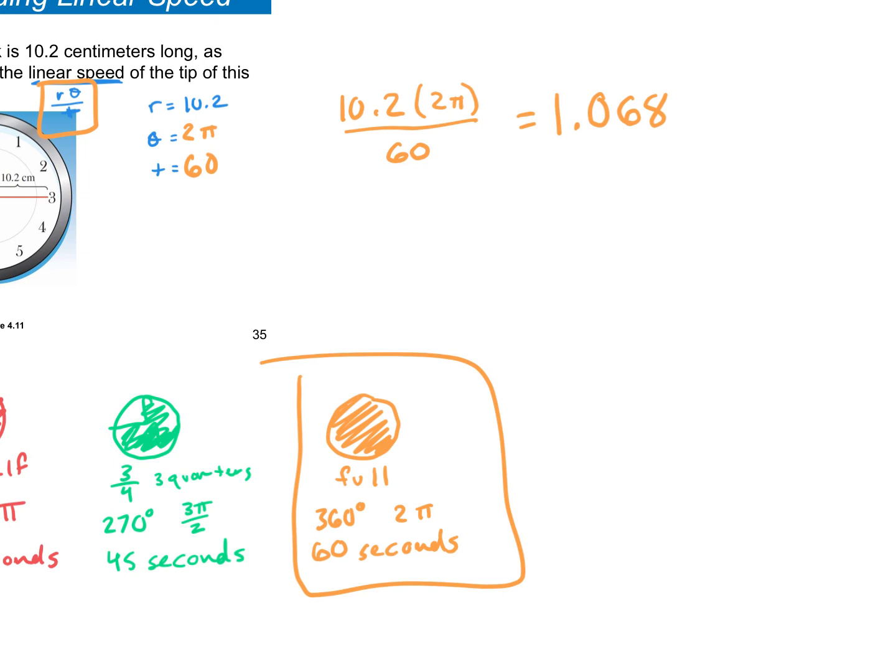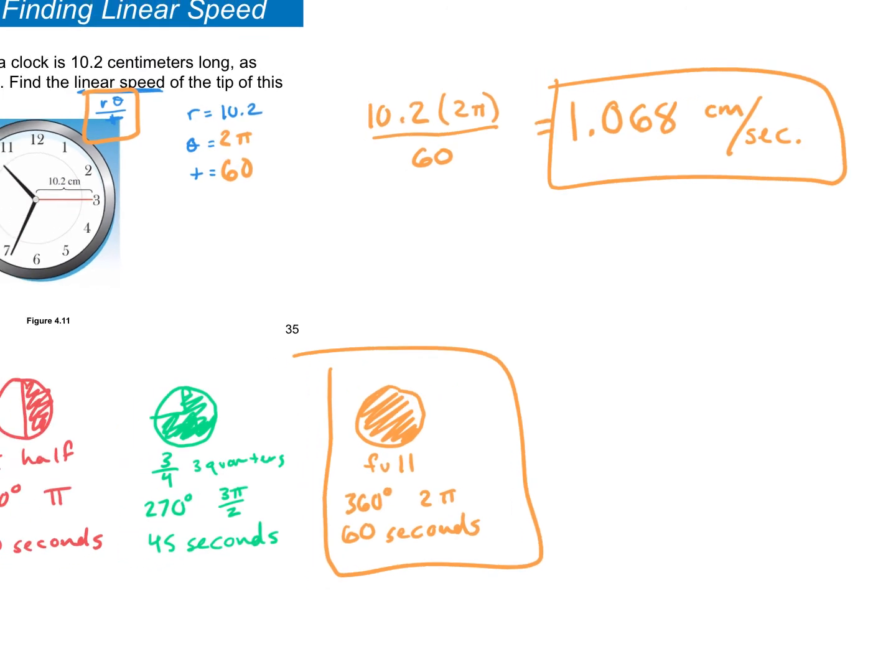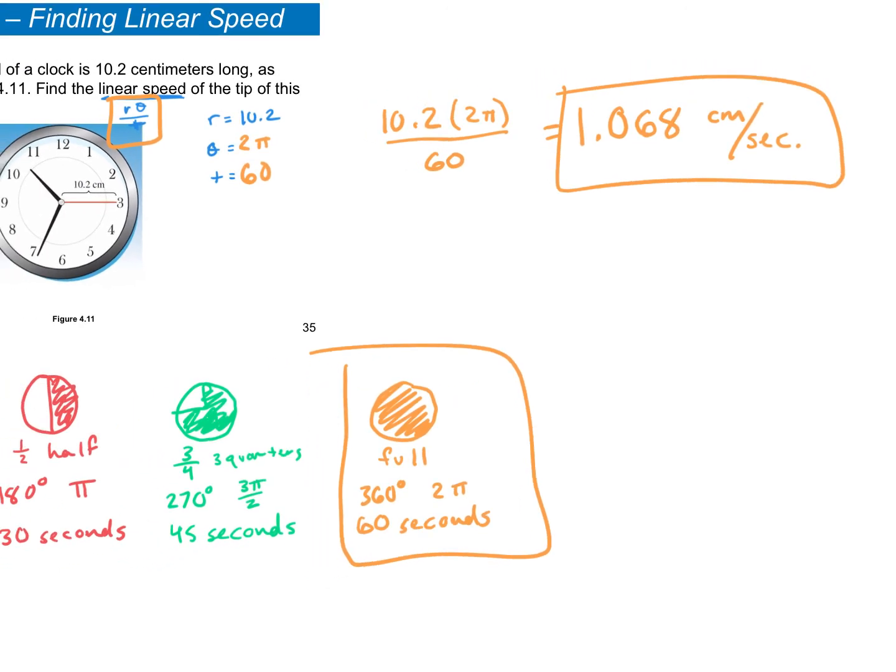What's our radius in? Centimeters. And then what's the 60? Seconds. So centimeters per second. So this would be our answer. So that's how fast our speed is.